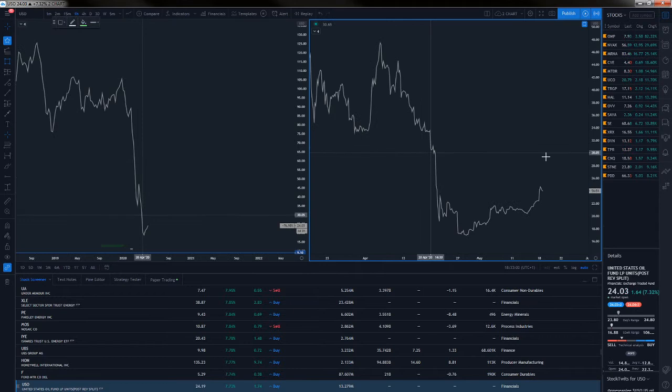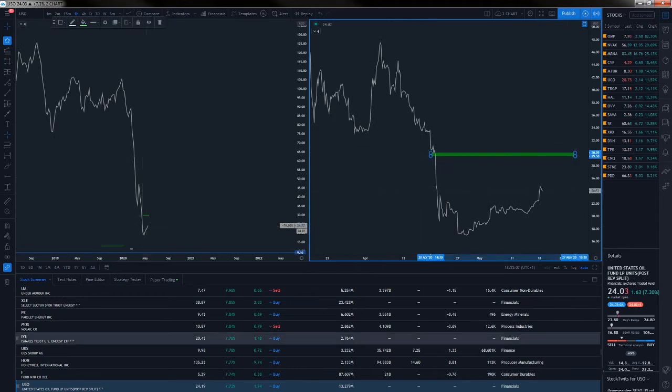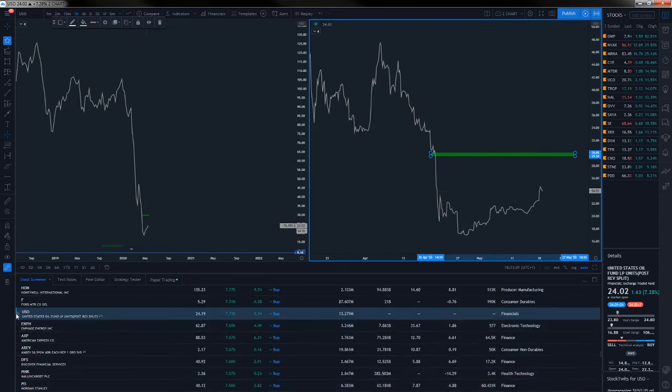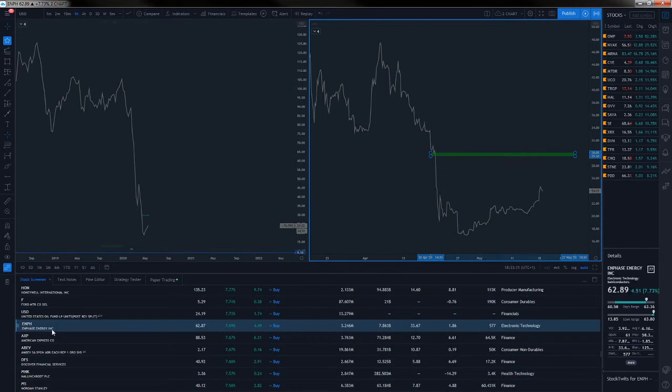So for example here, obviously we see this resistance here. We want to break this high at the 24.76, but I can actually look into that when we go into the 5-minute chart and set that alert.